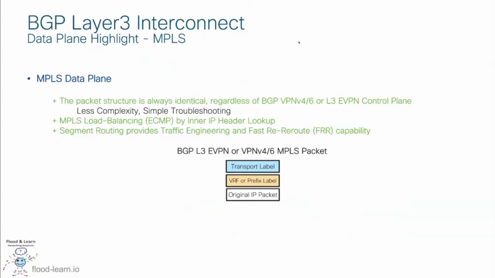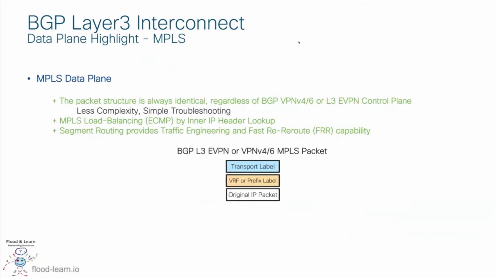It's very important for the complexity. Very simple troubleshooting. As in the picture, you always have the transport label, then a VRF or prefix label, and the original IP packet. Same load balancing mechanism in your CO as well as in the core.